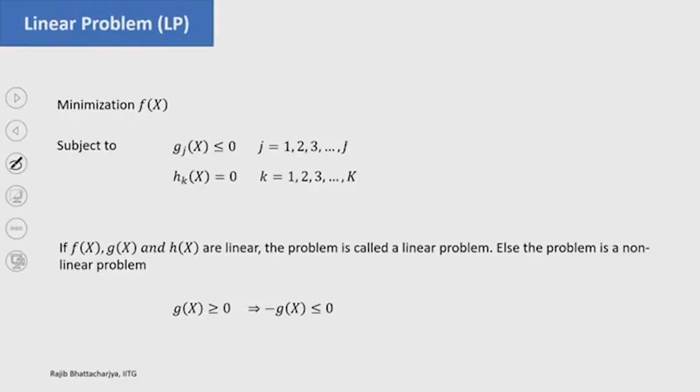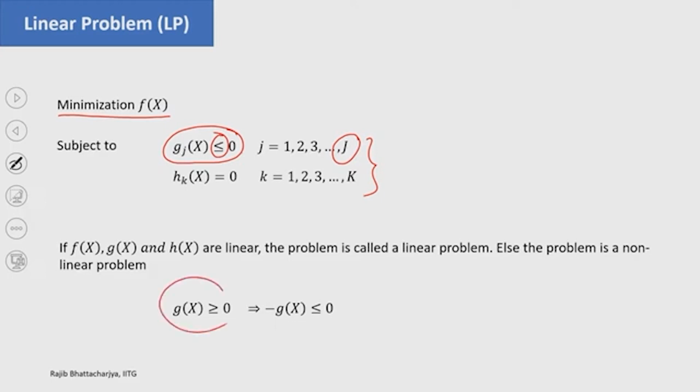Now, an optimization problem can be represented as a minimization problem, and there may be some constraints. We may have an inequality constraint, z(x) less than or equal to 0. So we have a total of j constraints, and these are inequality constraints of the less-than-or-equal type. You may also have greater-than-or-equal type constraints.